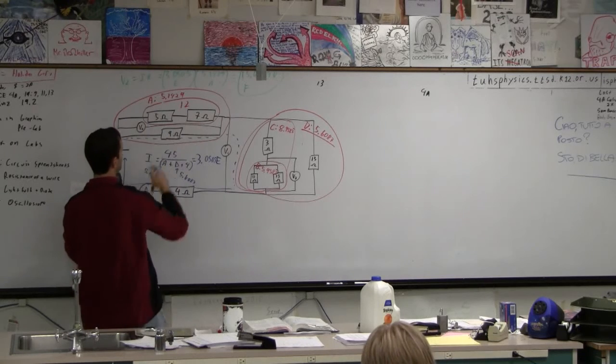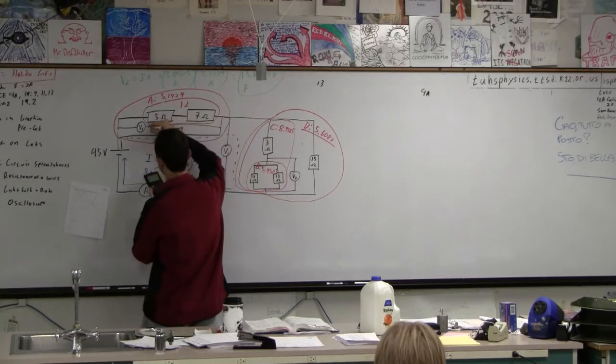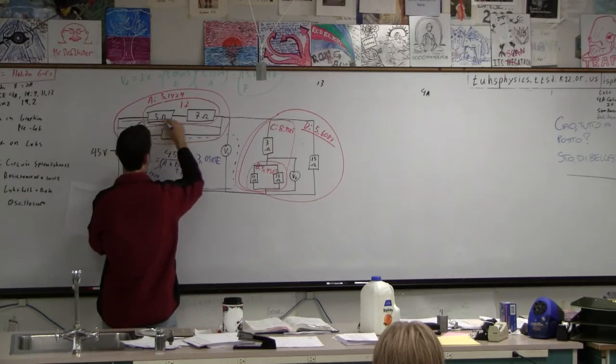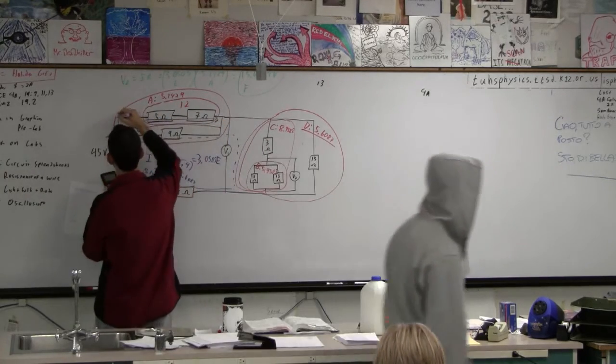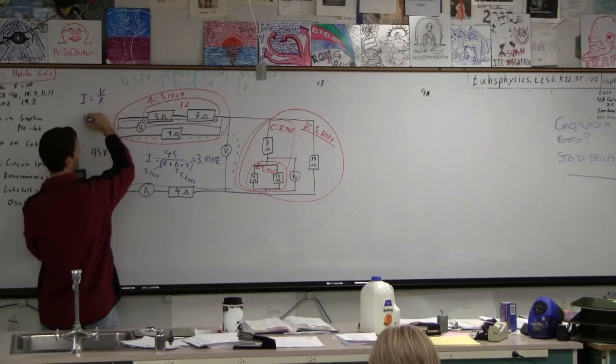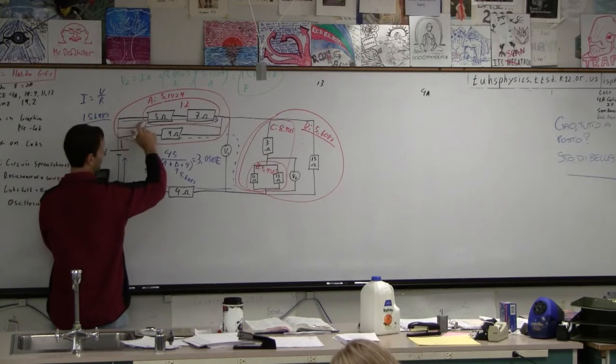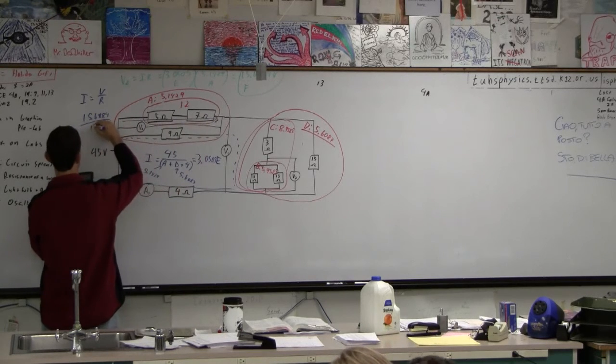So this current here through the 7, okay, this current, is just V over R. So it's going to be 15.6884 divided by the total resistance in that path, which is 12.